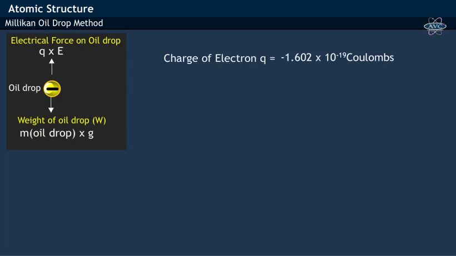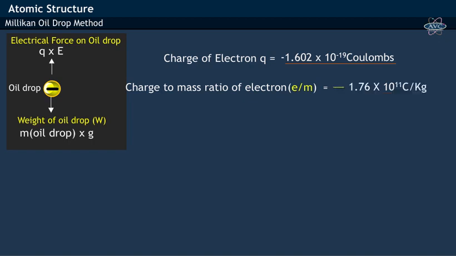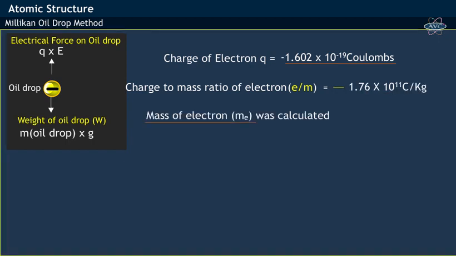Using the charge of electron value of minus 1.602 into 10 to the power of minus 19 coulombs and J.J. Thomson's charge to mass ratio of electron, that is e by m value of 1.76 into 10 to the power of 11 coulombs per kg, Millikan calculated the mass of electron.